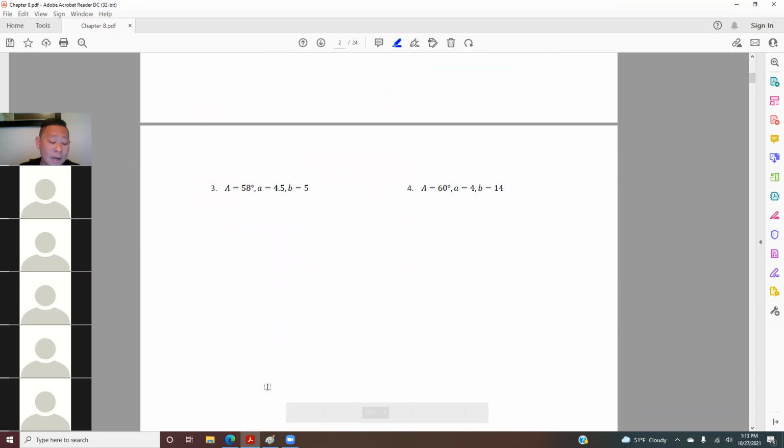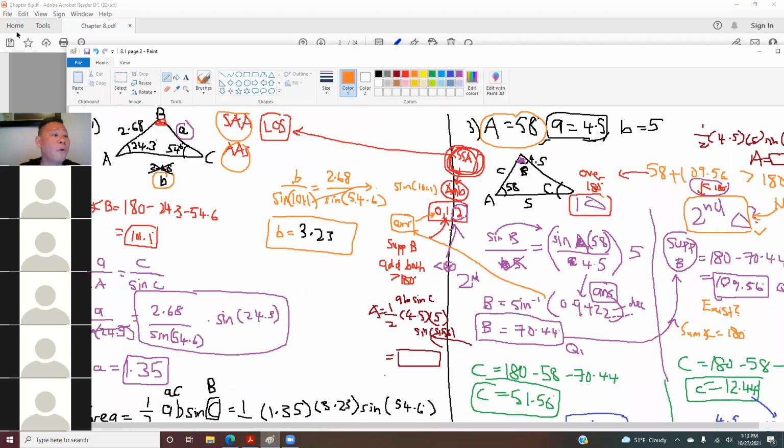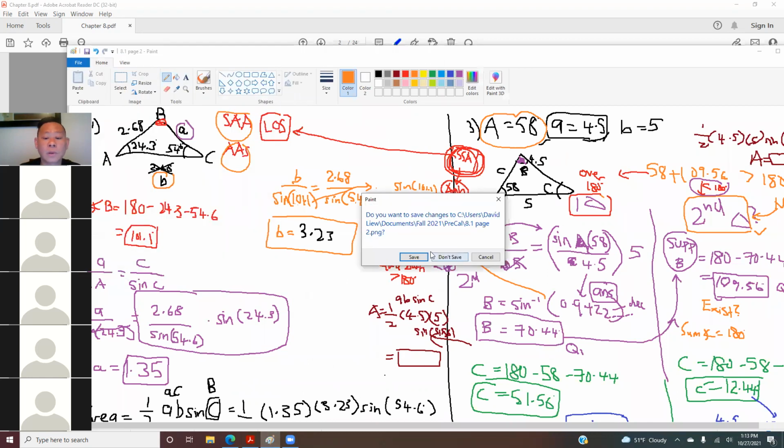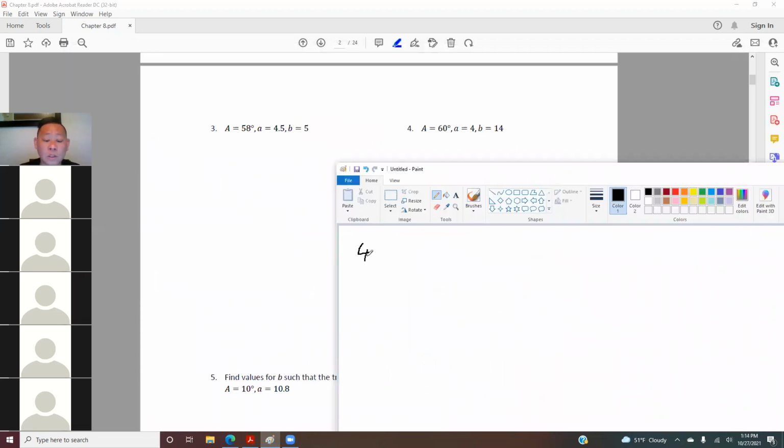So let's take a look at question number 4 here, where we will use the triangle here. This is 60 degrees. Right across here, this is your A, so right across will be 4.